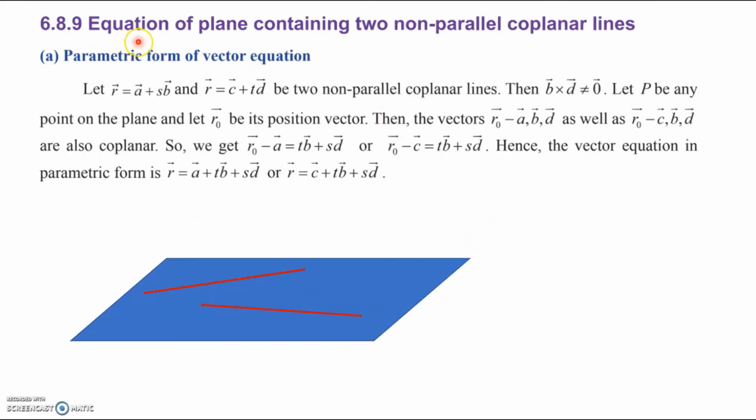Next, to find the equation of a plane containing two non-parallel coplanar lines. So we have two lines which are not parallel, but they are coplanar. They are in the same plane.